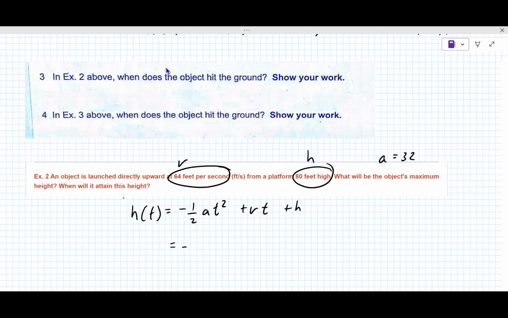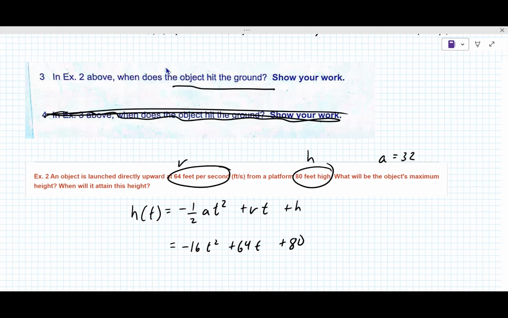So this becomes minus 16t squared, because 1/2 of 32 is 16, plus 64t plus 80. That's actually given for you, but I wanted you to see at least one of them set up here.